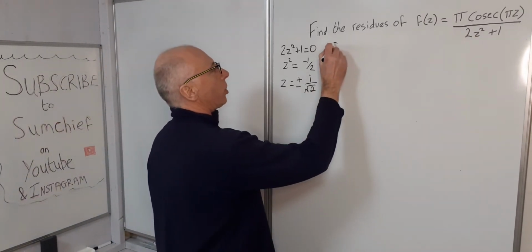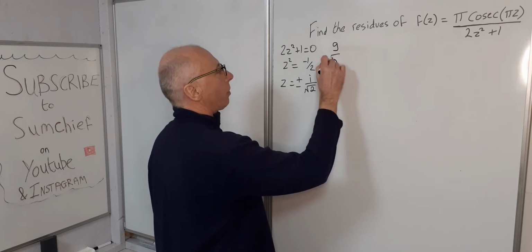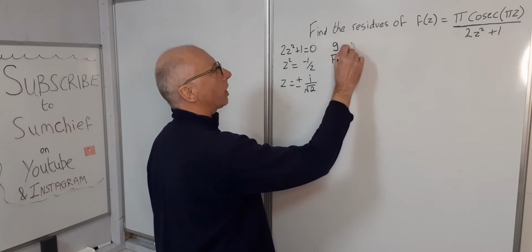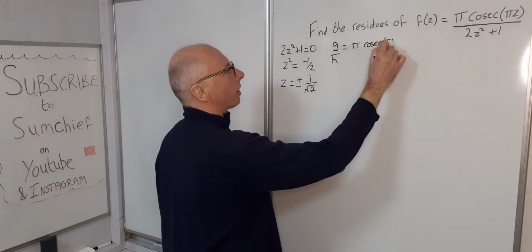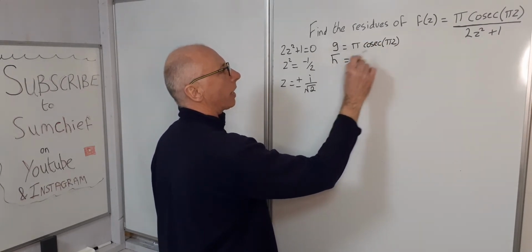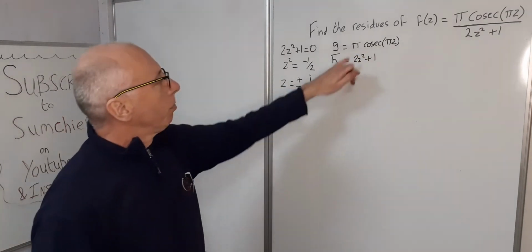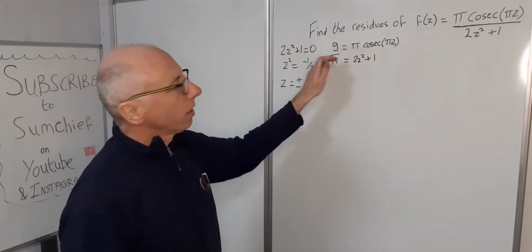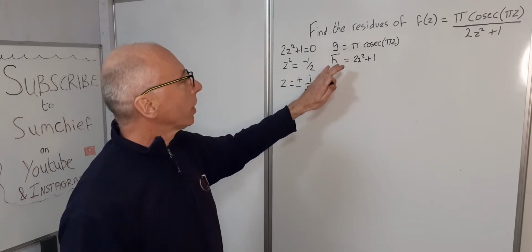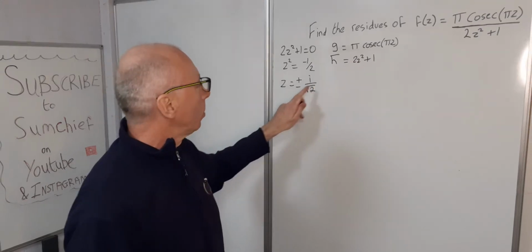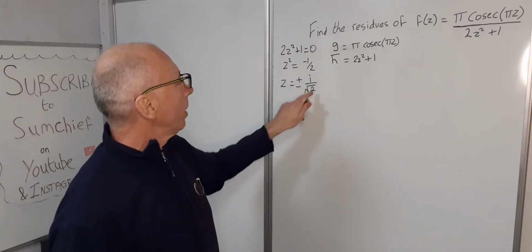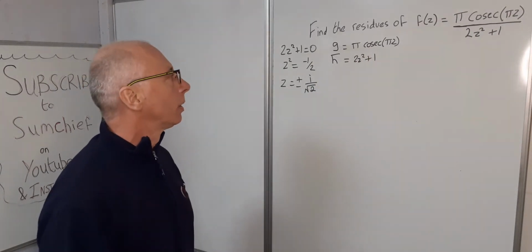So let's call this the g over h rule, or the differentiation rule, where g is pi cosec pi z and h is 2z squared plus 1. Both of these functions are analytic, so that's one of the first conditions taken care of. And also h needs to be 0 at the poles, which we've just calculated, and that is the case as well.